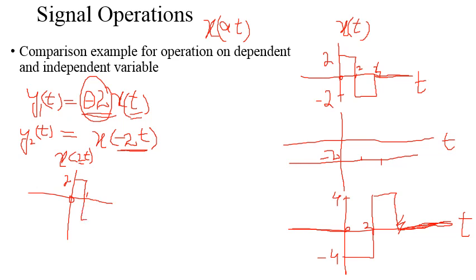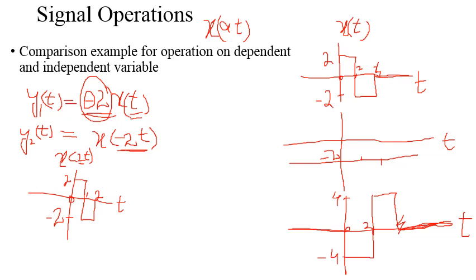So originally the signal was from 0 to 4, and now we have compressed it by a factor of 2, so it will be from 0 to 2. You can clearly observe that there is no effect on amplitude because we are not doing anything there. So this is again the t-axis. I hope this gives you an idea.